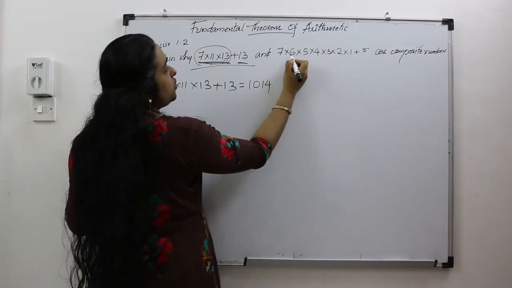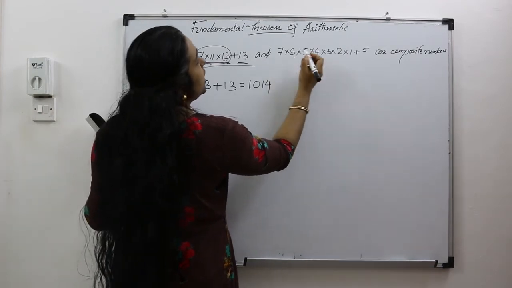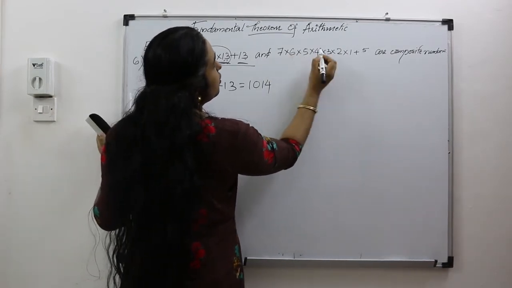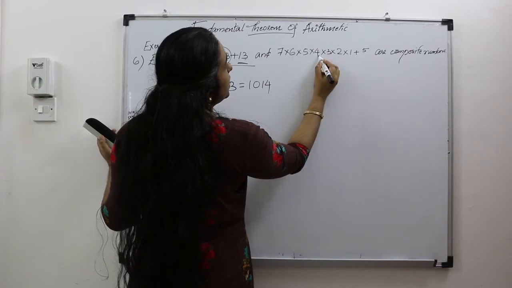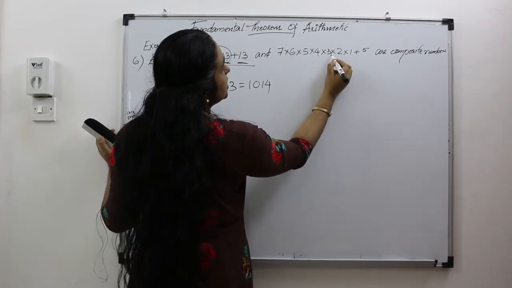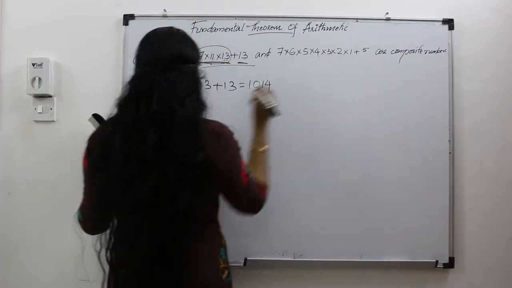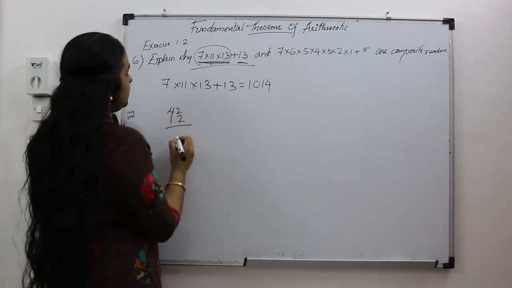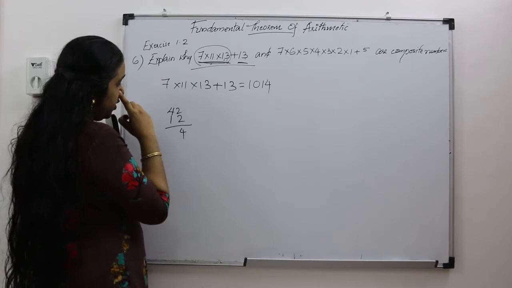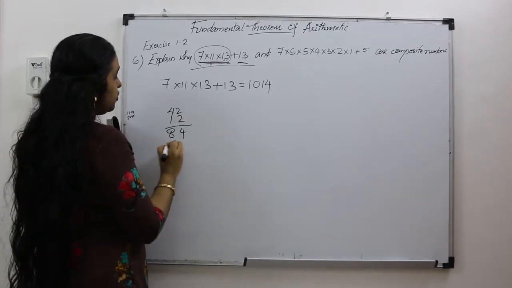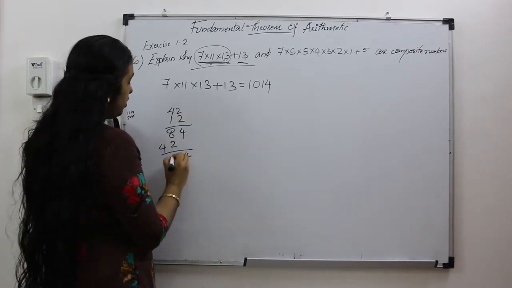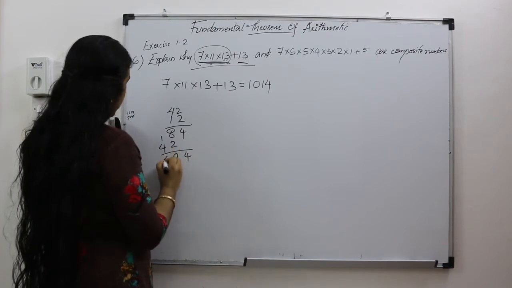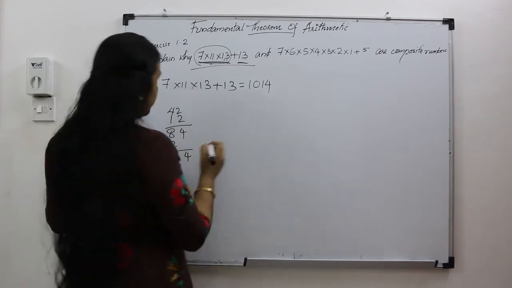7 6s are 42. 42 into 5, 4 5s are 20. 20 into 3 is 60. 60 into 2 is 120. So we will do 42 into 120. 2 0s are 0, 4, 8, 2 4 4. 5040.